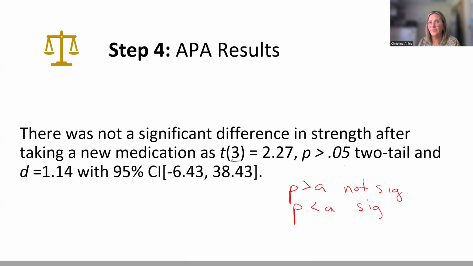So when it's not significant, p is always greater than alpha. We used a two-tail test. We report an effect size. I choose to report Cohen's d. You just report one. And your 95% confidence interval with the lower boundary, comma, the upper boundary.